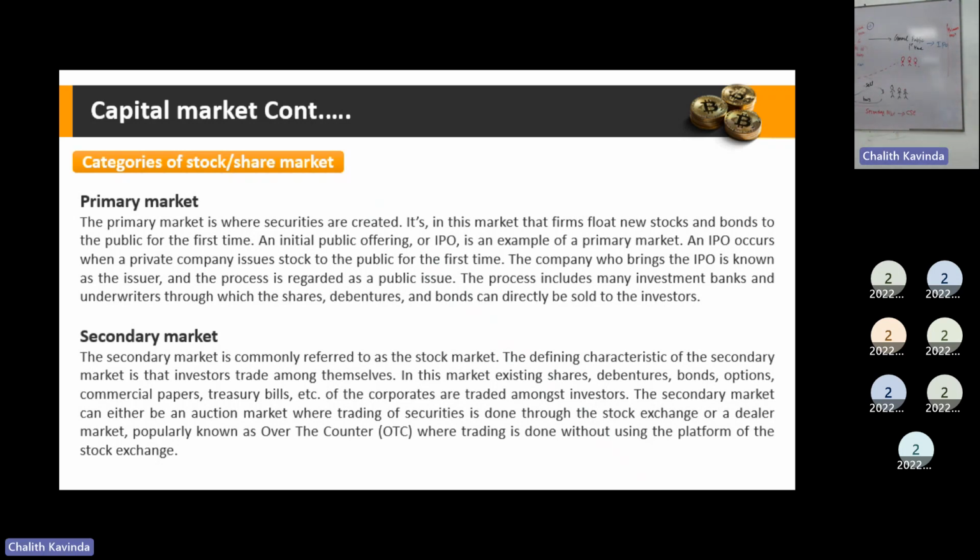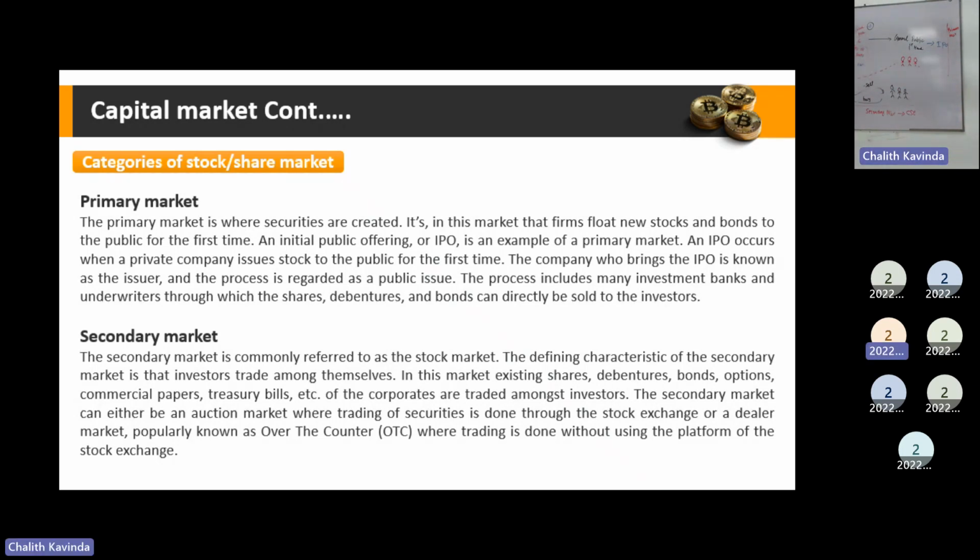What could be one of the reasons for that? Any idea? What could be the reason? We are having an active equity market, we are having the debt market, but it is not that active. I think I have asked the same question in the exam.